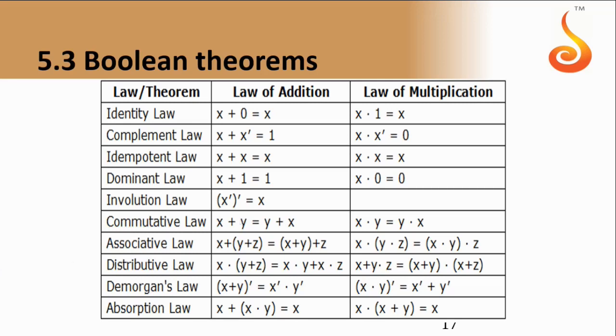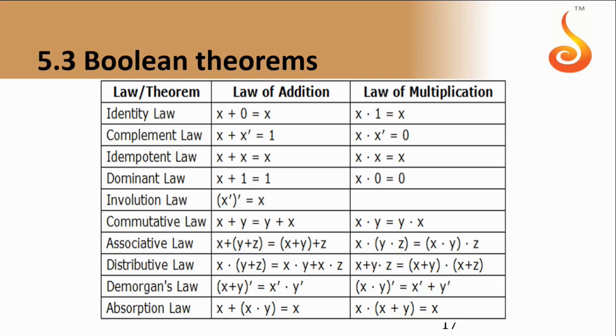What does it state? The order in which two variables are ORed, whether you write it as x plus y or y plus x, both are same. X plus y is equal to y plus x, and x dot y is equal to y dot x.